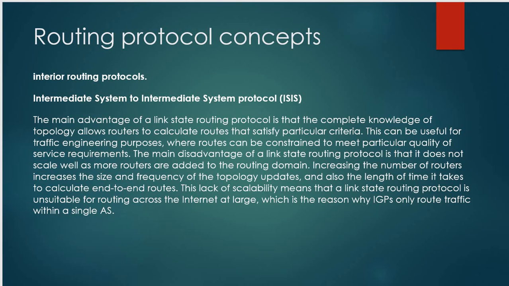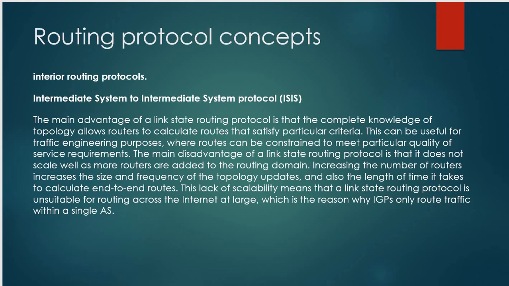The main disadvantage of a link state routing protocol is that it does not scale well as more routers are added to the routing domain. Increasing the number of routers increases the size and frequency of the topology updates, and also the length of time it takes to calculate end-to-end routes.